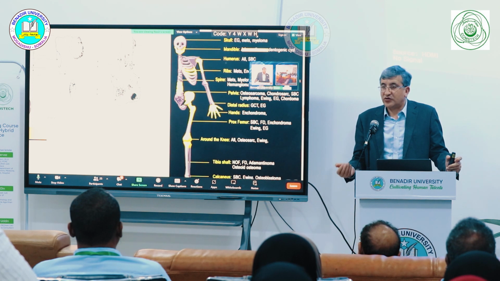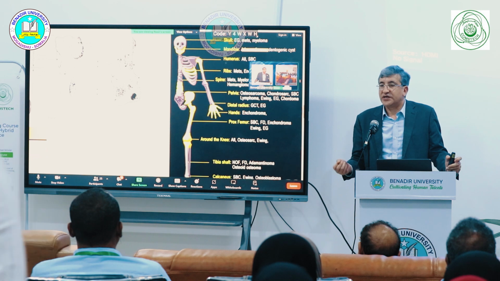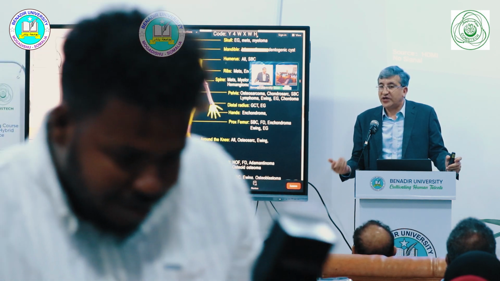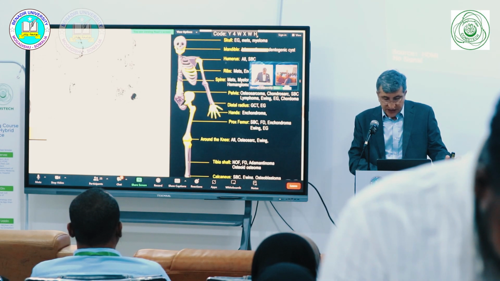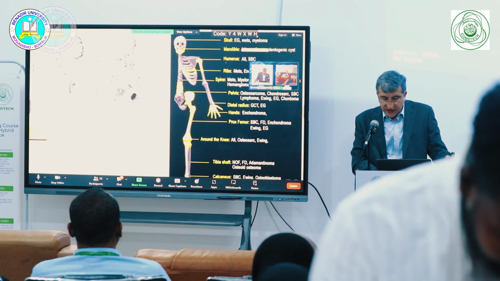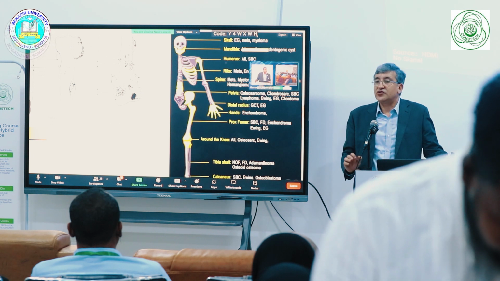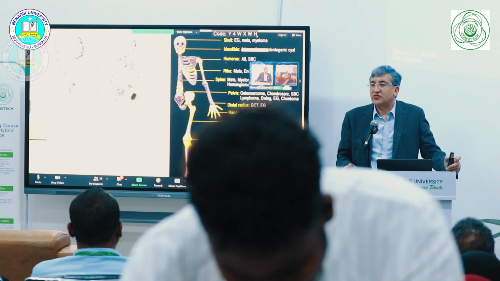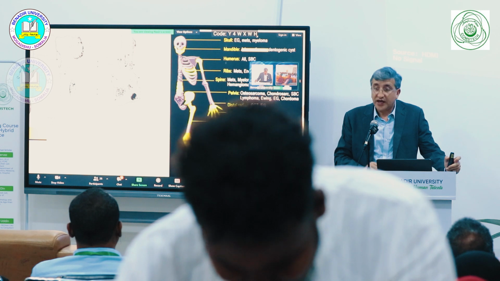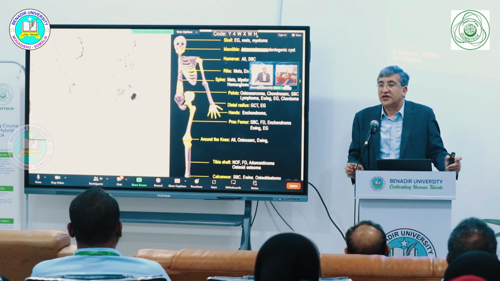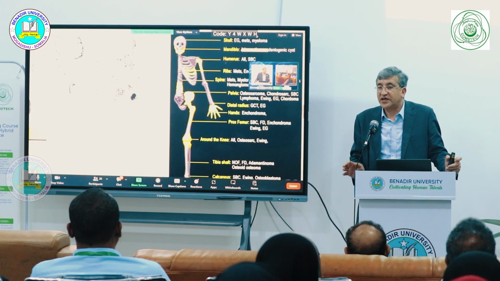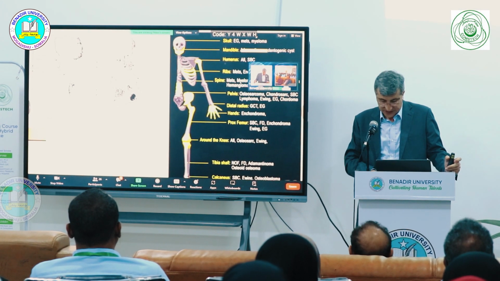If we talk about malignant tumors, metastasis, and in benign tumors, osteoblastoma, ABC. Around the knee, most tumors are Ewing sarcoma and osteosarcoma. And the tibia is a common site for osteofibrous dysplasia, adamantinoma, and fibrous dysplasia.